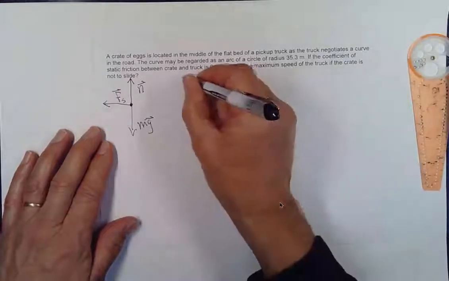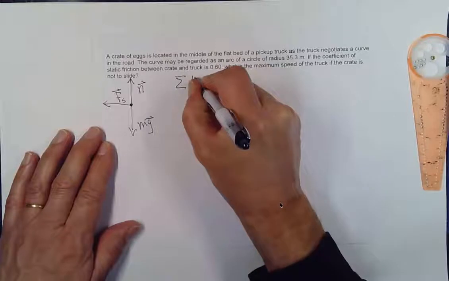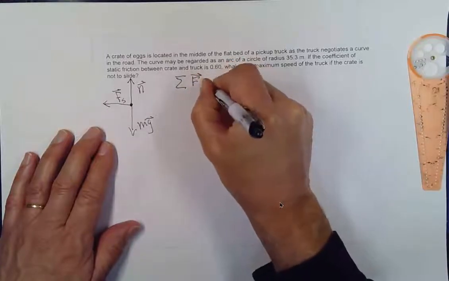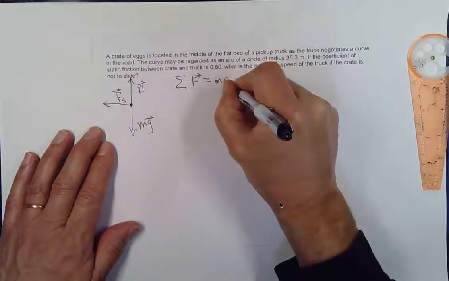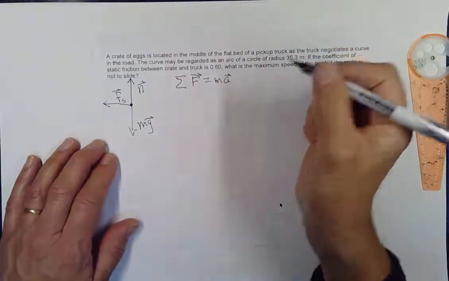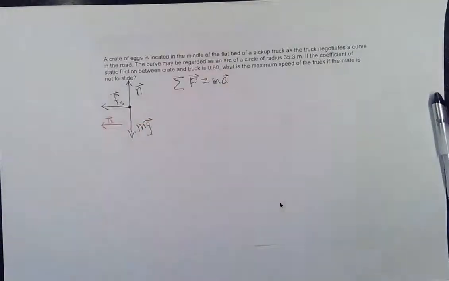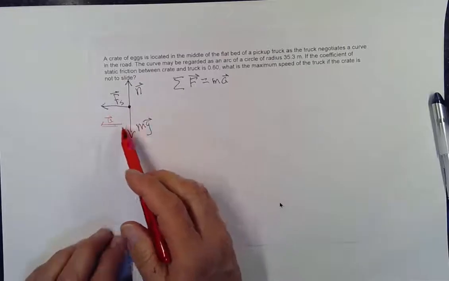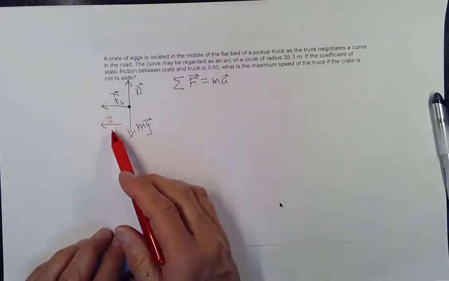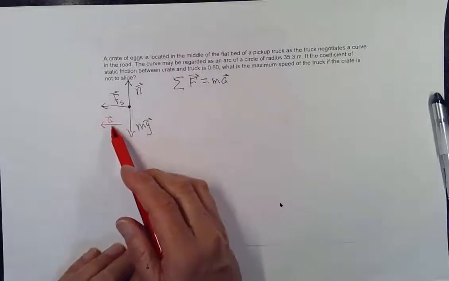I'm going to want to apply Newton's second law in a vector form here. So just as a reminder, this is what it looks like. Sum of the forces equals ma, and the acceleration is toward the center of the circle. Sometimes on these circular motion problems, I like to just sketch the direction of the acceleration near the free body diagram. I'm not attaching it to the dot. This is not a force.